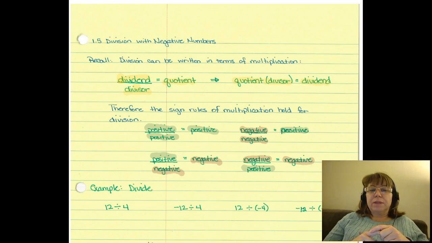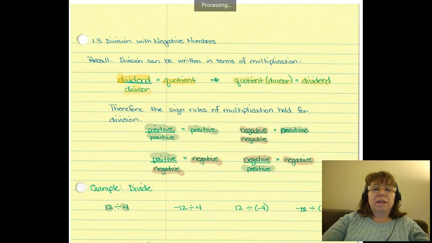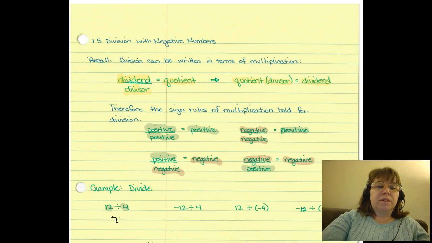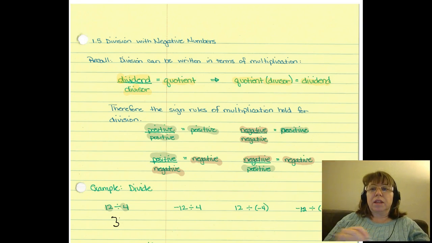So let's take a few examples. 12 divided by 4. Well, 12 is positive, 4 is positive, so my result better be positive 3. Negative 12 divided by positive 4, my result better be negative because a negative divided by a positive is going to be negative. So my answer is negative 3.